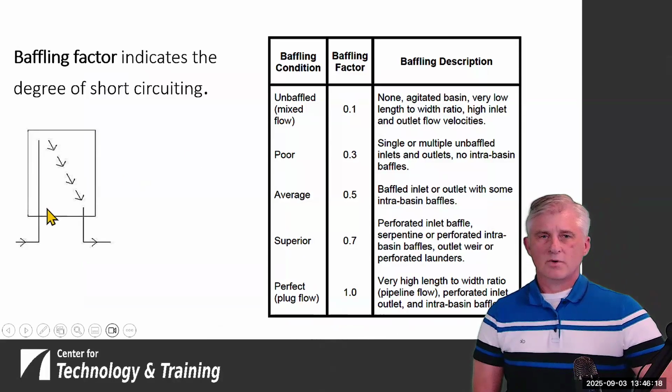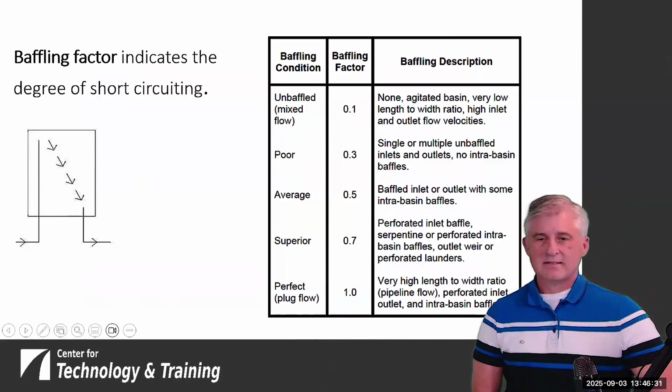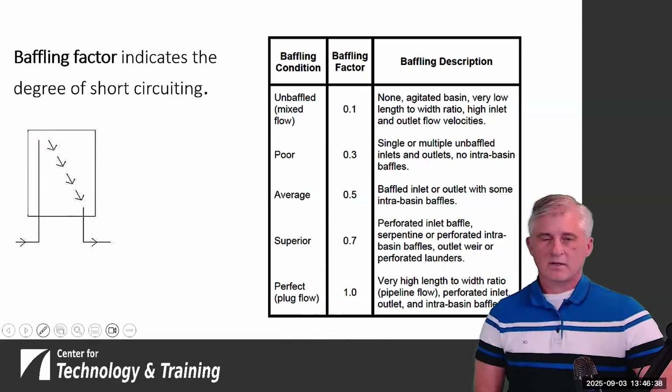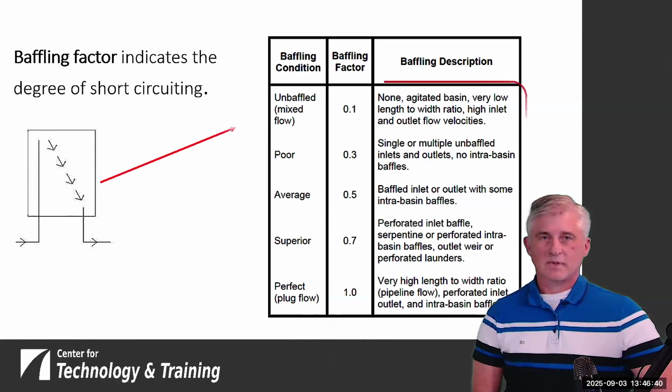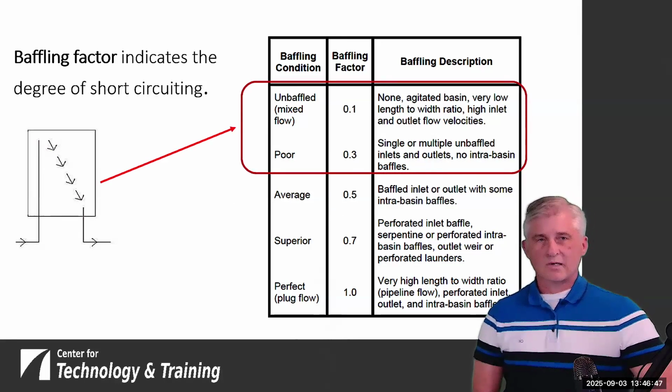So if you've got a situation shown here where pipe comes in and water can just go straight to the other pipe, it's not very effective. It's better than if they were both very short pipes and one came in and went straight over, but it's not the best situation because our contact time is really limited. Some of the water could just go from one to the other and not have time to contact the chlorine. So this is an example of either unbaffled or poor baffling conditions.